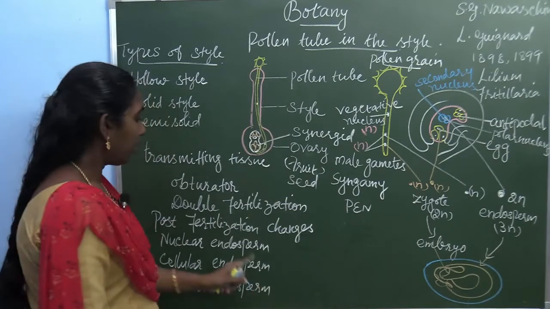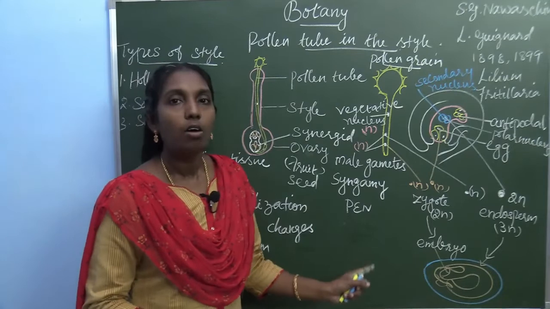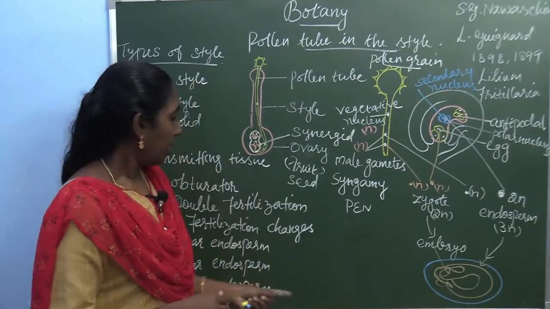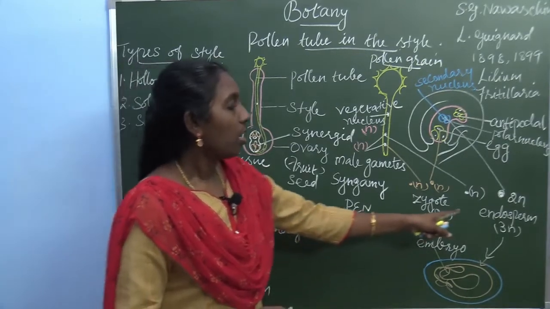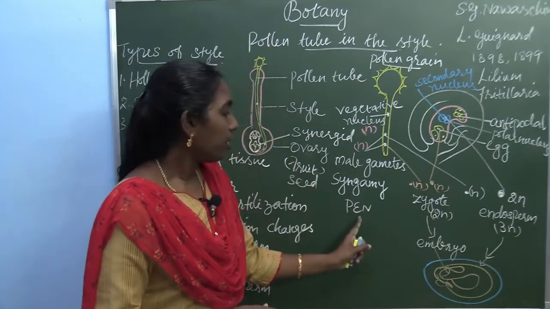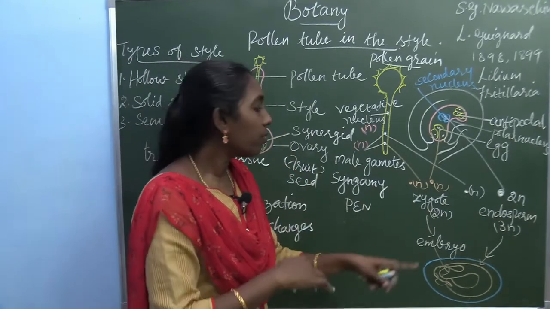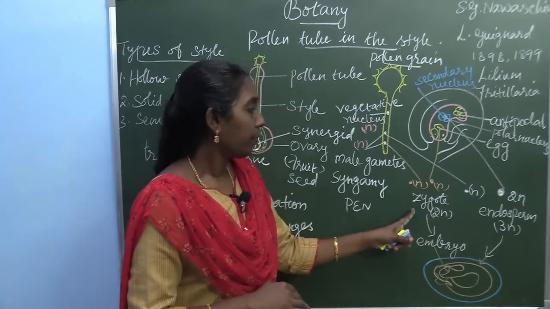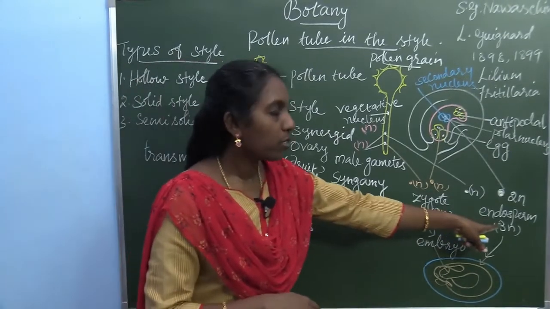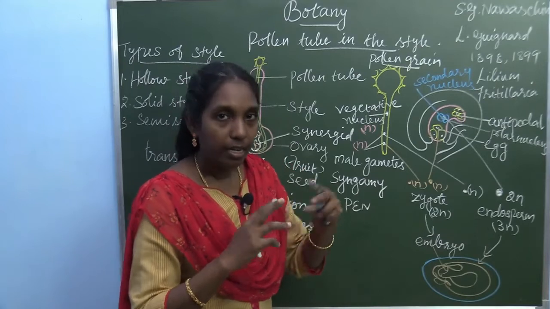There are 3 different types of endosperm. How are these endosperms developed? As soon as the primary endosperm nucleus develops, it starts to divide before the zygote divides. Before the zygote divides, the endosperm starts to divide.